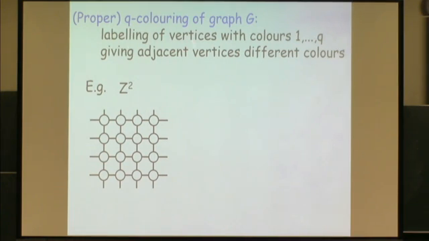It's a labeling of the vertices with the integers 1 up to Q, and you think of those as colors, such that adjacent vertices have to have different colors. So for instance, on Z^2, there exists a 2 coloring. It's a bipartite graph, so we can color it with 2 colors, red and blue.